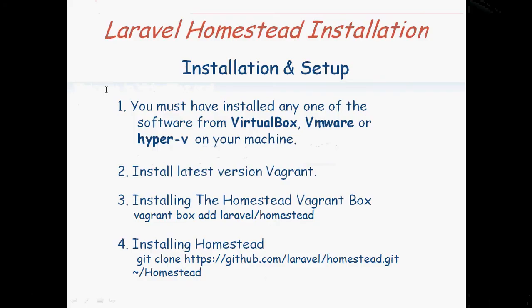Then next we need is Vagrant. Vagrant is one kind of a provisioning software which helps you to configure your virtual environment and also takes care that your host machine files are kept in sync with your virtual environment. So to run this kind of plugin we need Vagrant as well.